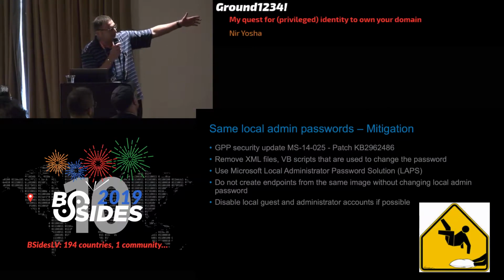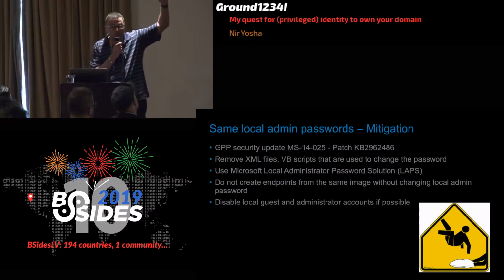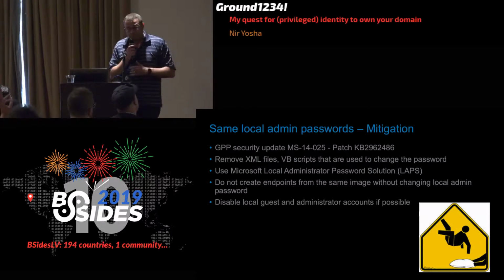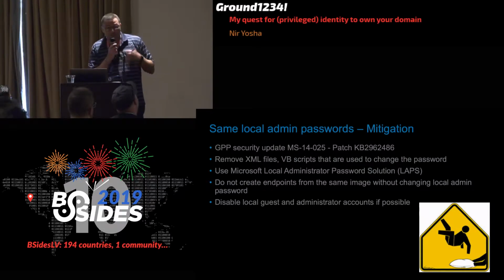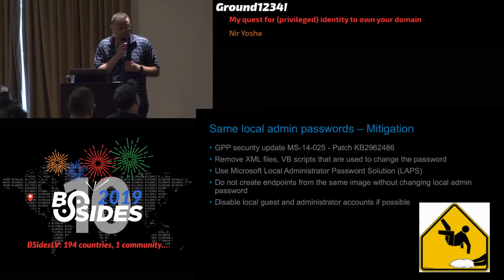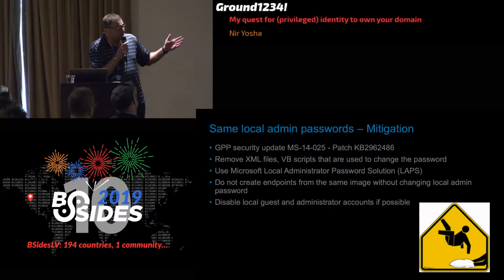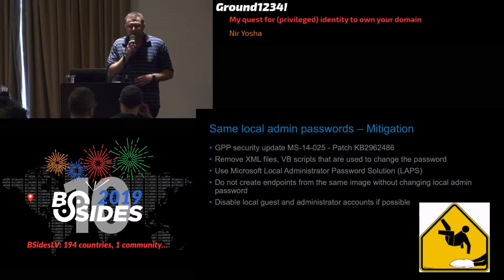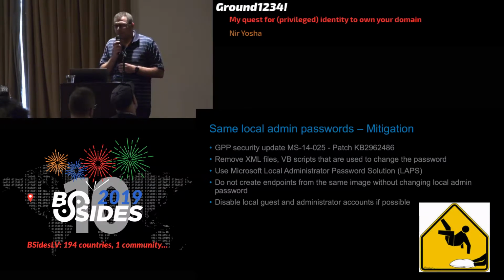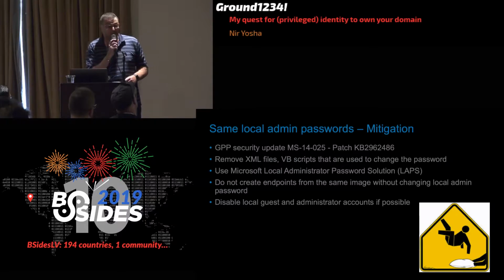Microsoft came up with LAPS. Anyone familiar with LAPS? This is a solution that randomizes the password across local administrators. There are other solutions to do that. And in many cases, you can just disable that user. Not every endpoint requires the local administrator, definitely not the guest user to be there.